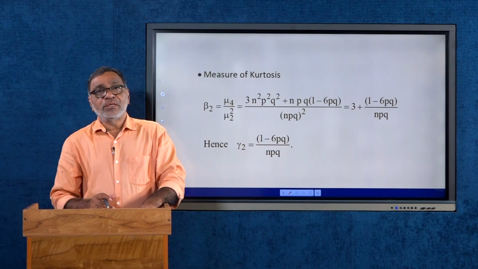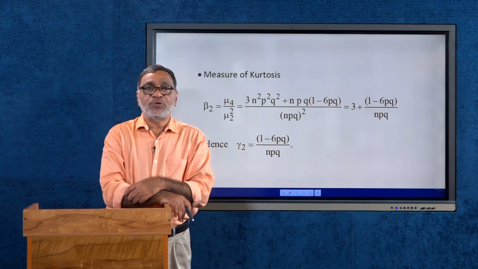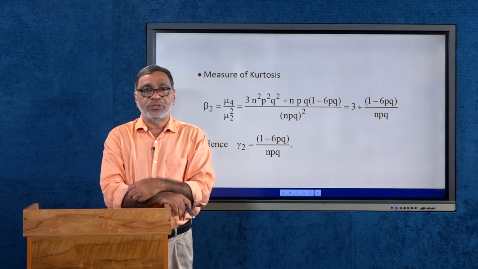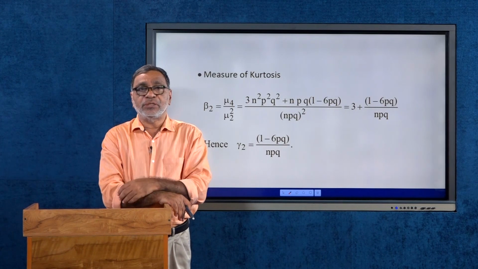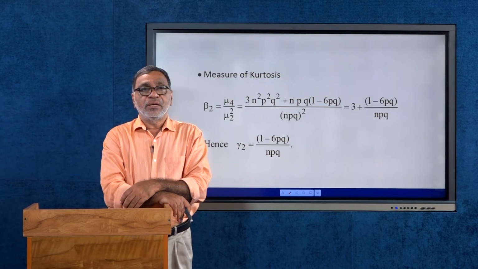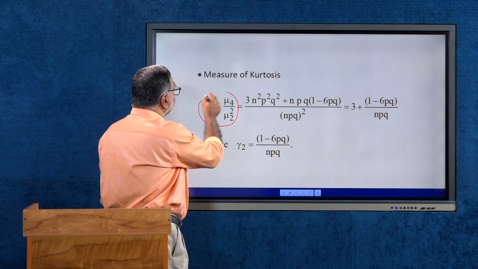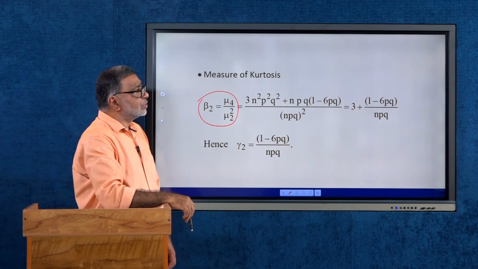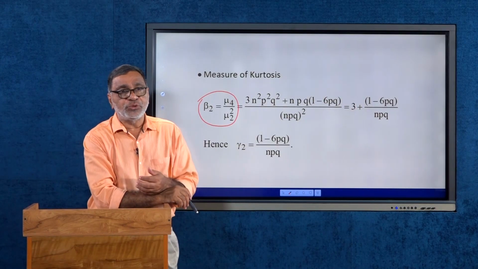Similarly, in the case of kurtosis, we can find the measure of kurtosis for the binomial distribution. For the binomial distribution we already calculated the fourth central moment and second central moment, and substituting in the formula, we have beta 2, the measure of kurtosis. Beta 2 is equal to mu 4 divided by mu 2 square.